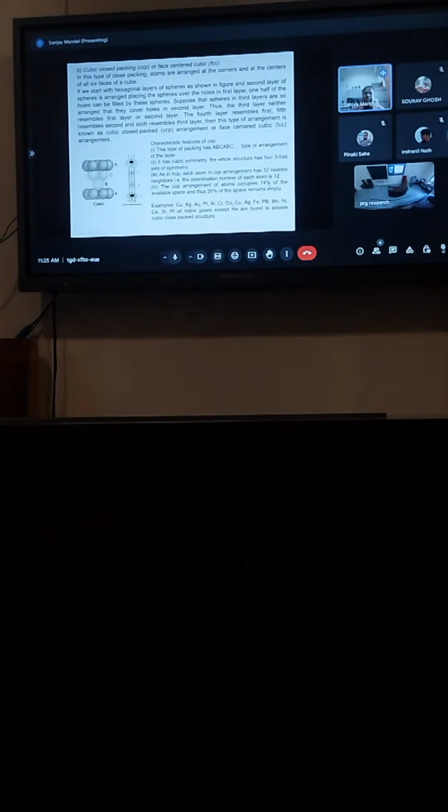Once again, you have 74% of the space occupied and 26% empty. And these are the examples that give you this type of structure, CCP.